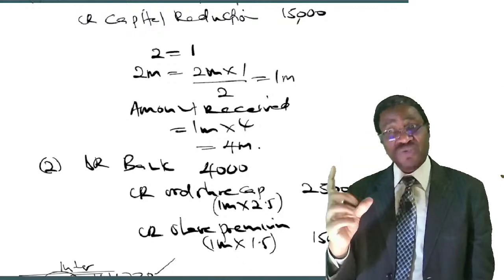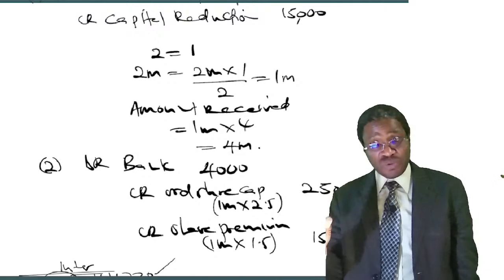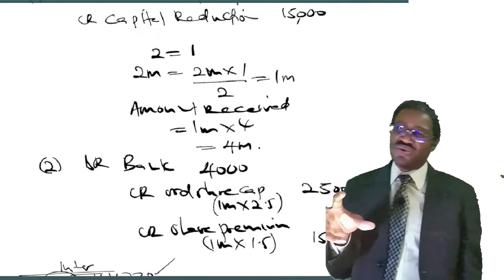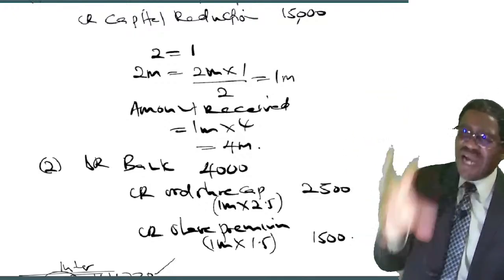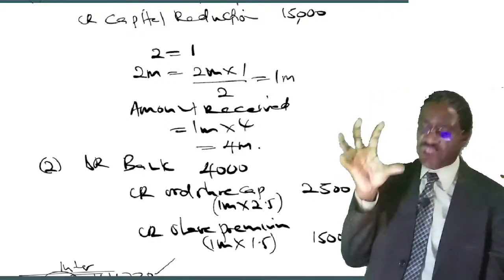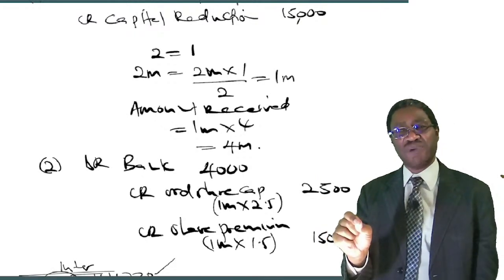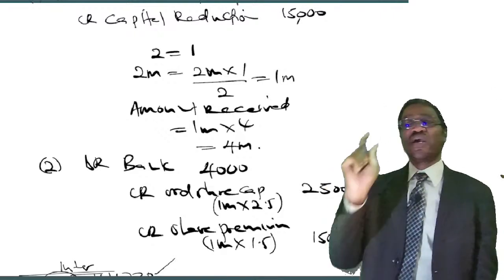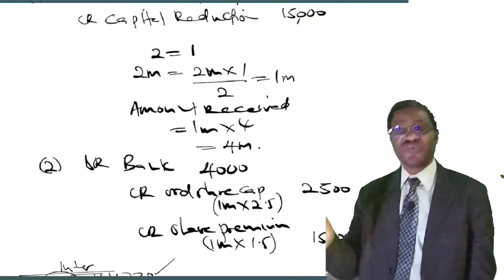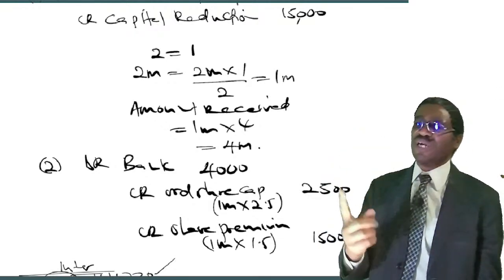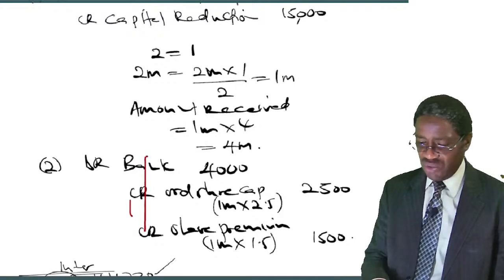The par value was 2.5, and if they are being issued at 4, the examiner wanted you to know they are being issued at a premium, and the money of the premium must go to the share premium. That's why we ended up debiting bank by 4 million, crediting share capital with the nominal, which is 1 million times 2.5, and then the amount of the premium must go to the share premium. That's what we did for journal number 2.